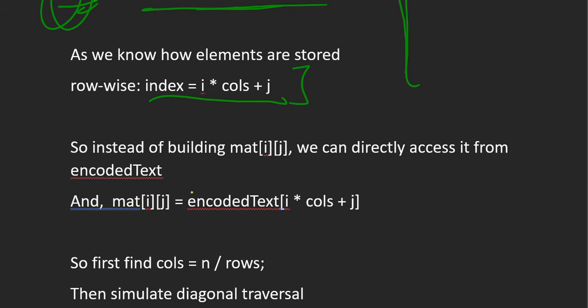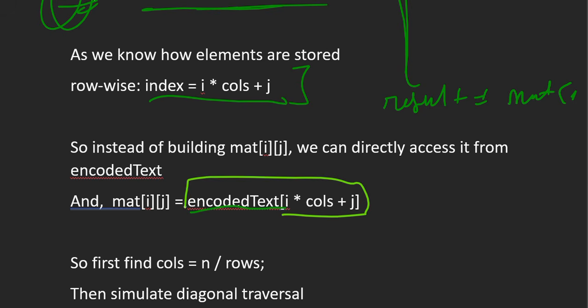So earlier we were doing result plus equal to matrix of i, j. Instead of doing that, we can directly do encoded text of i times columns plus j, right? And that's why there is no need of constructing the matrix.